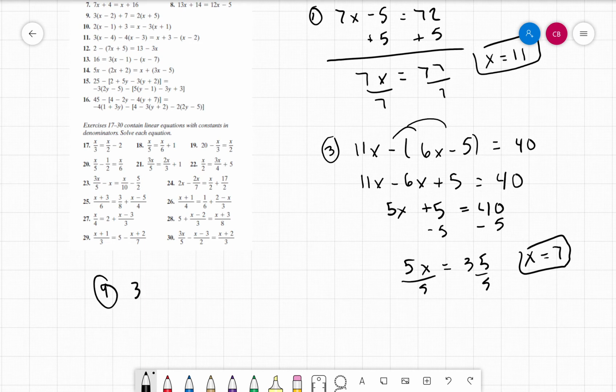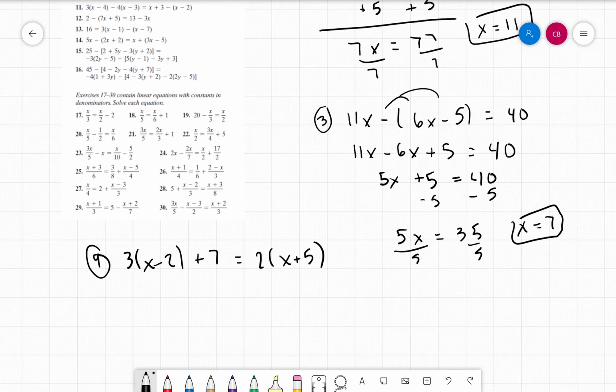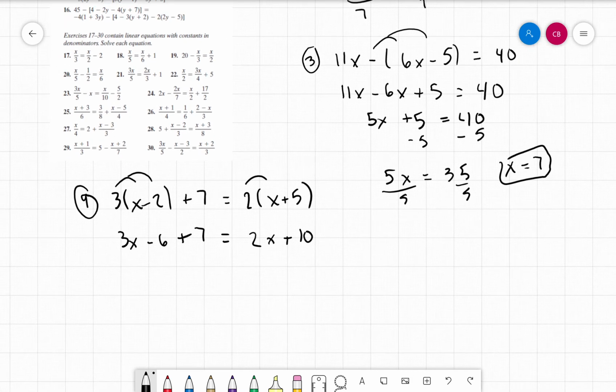We have 3 times x minus 2, plus 7, is equal to 2x plus 5. So if we distribute, we have 3x minus 6 plus 7 is equal to, I'm doing this, 2x plus 10. Let's combine like terms on the same side.